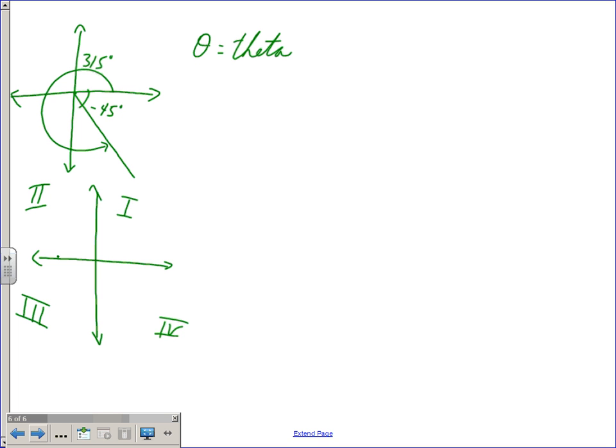We don't use an x variable, x, y, or z. We use that symbol. All right. So it may say something like, which quadrant is the angle 215 degrees? How about this one? Theta is negative 215 degrees. What quadrant does that lie in?